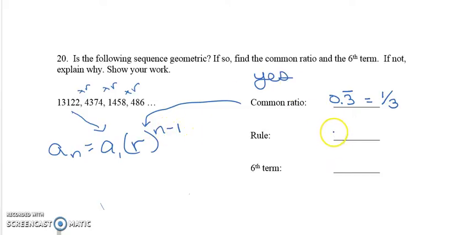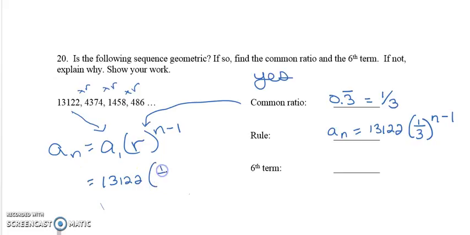So our rule, our equation will be a sub n is equal to 13122 times the common ratio, which is 1/3, to the n minus 1 power. So to find the sixth term, we put 6 in for n. Okay, so we just multiply it out. So 13122 times 1/3 raised to the 6 minus 1 power, or basically the fifth power. So this is when we probably want to use the calculator to multiply this out.